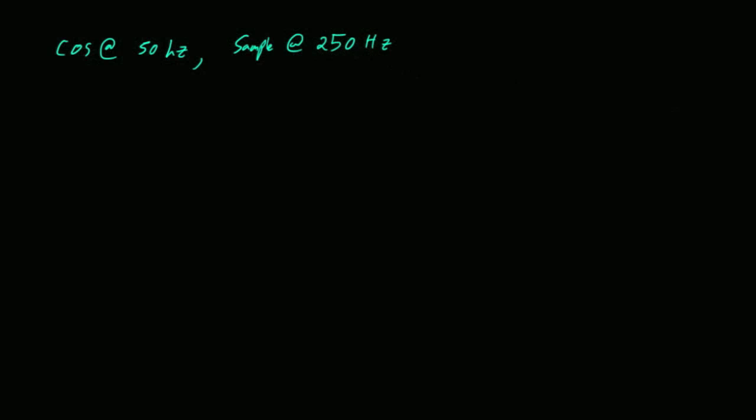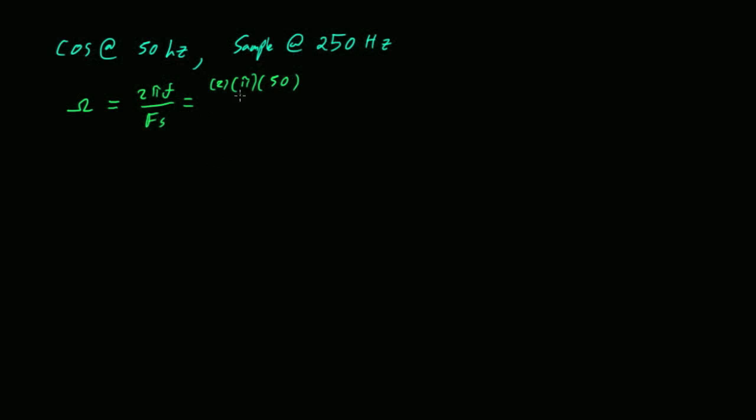So let's calculate my discrete time frequency. This is pretty plug and chug, right? So this should be 2 pi 50 over 250. So let's see, that's 100 pi over 250.